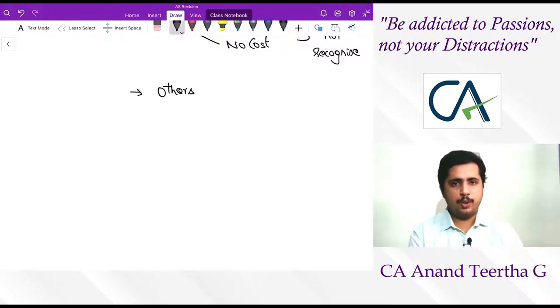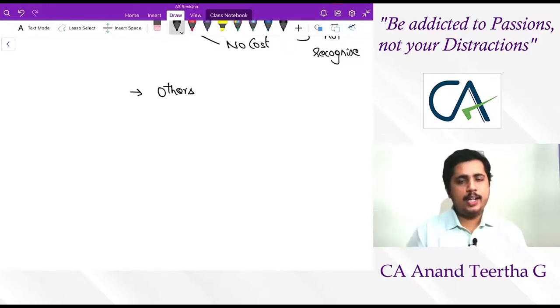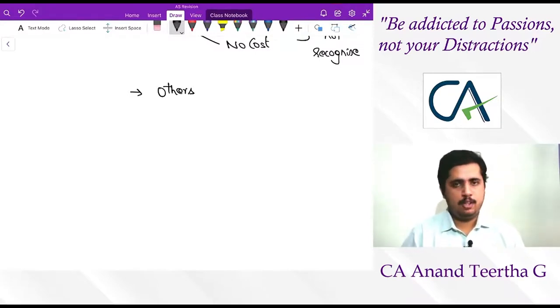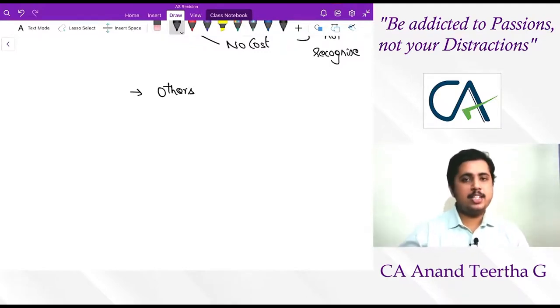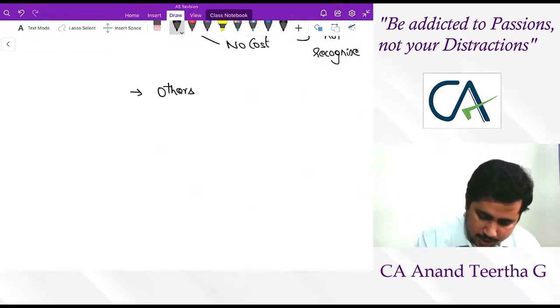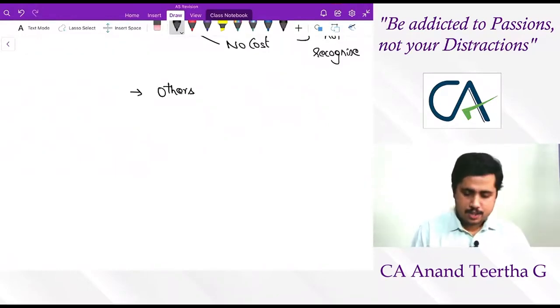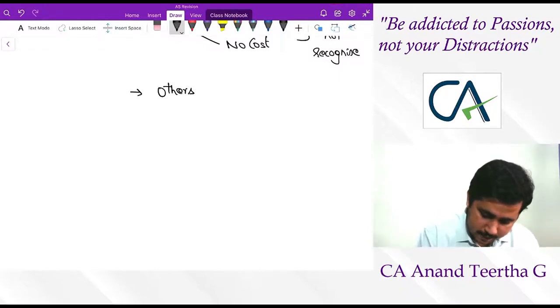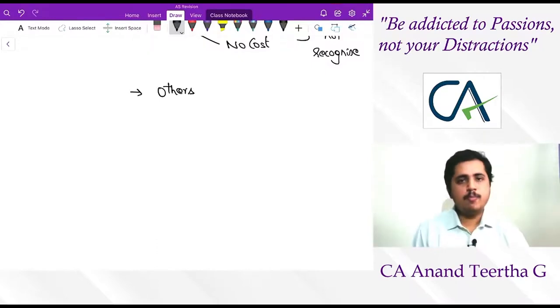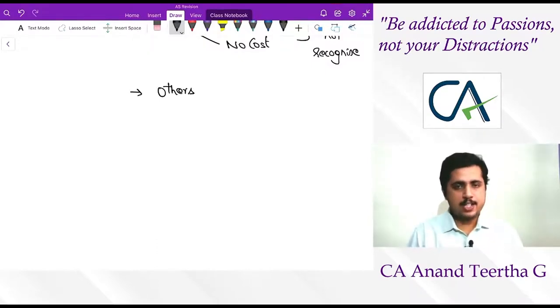However, whatever you do, it will be allowed under particular rules and regulations. What are they? The total intangible asset generation life: starting from day one, when you wanted to create an intangible asset, till commercial production, the last day, you will have two phases. The first phase is called the research phase, and the second phase is called the development phase.